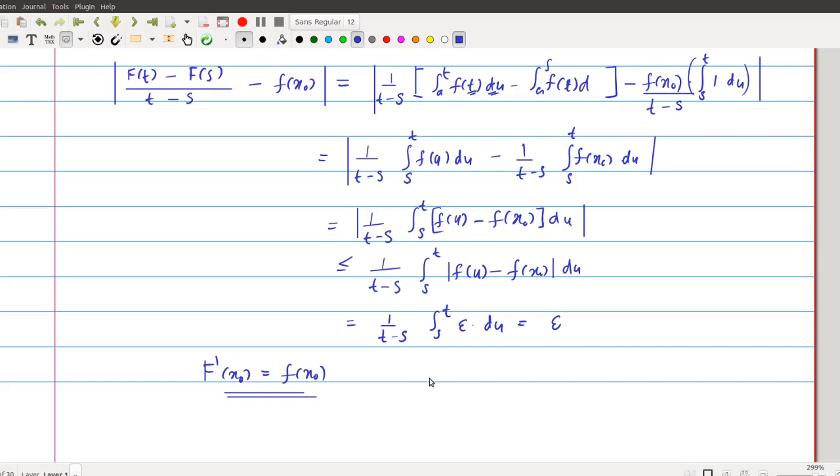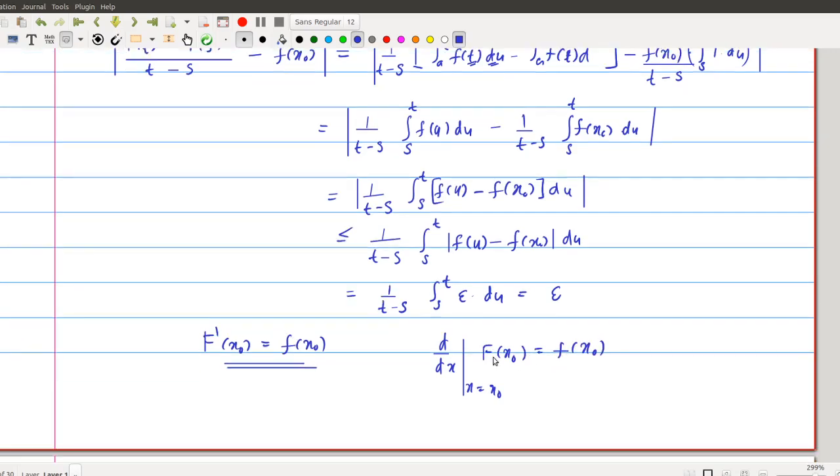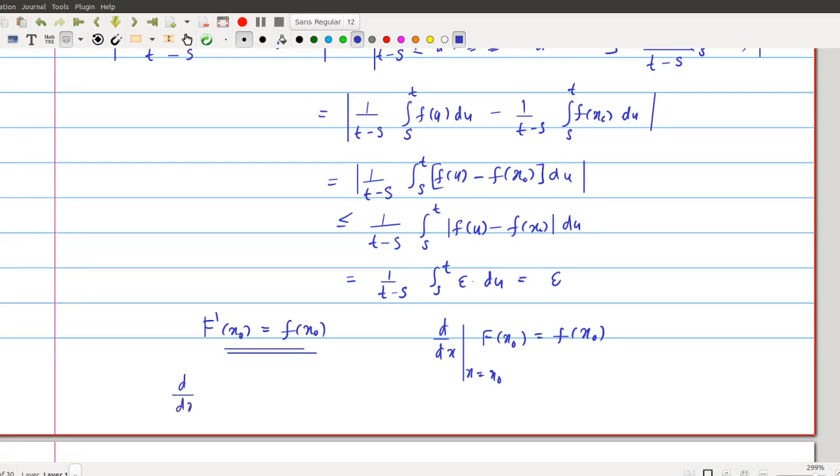The theorem shows that d by dx at x equal to x naught of capital F is equal to small f of x naught. This capital F of x can be replaced by integral a to x of f(t) dt. So this is f of x naught. In this way you can consider this as a relation between the integral and the differentiation.